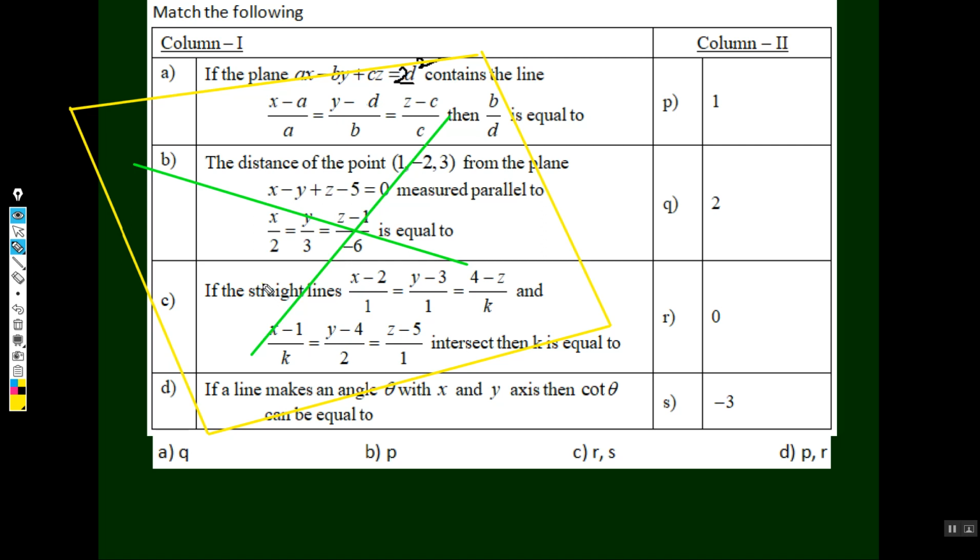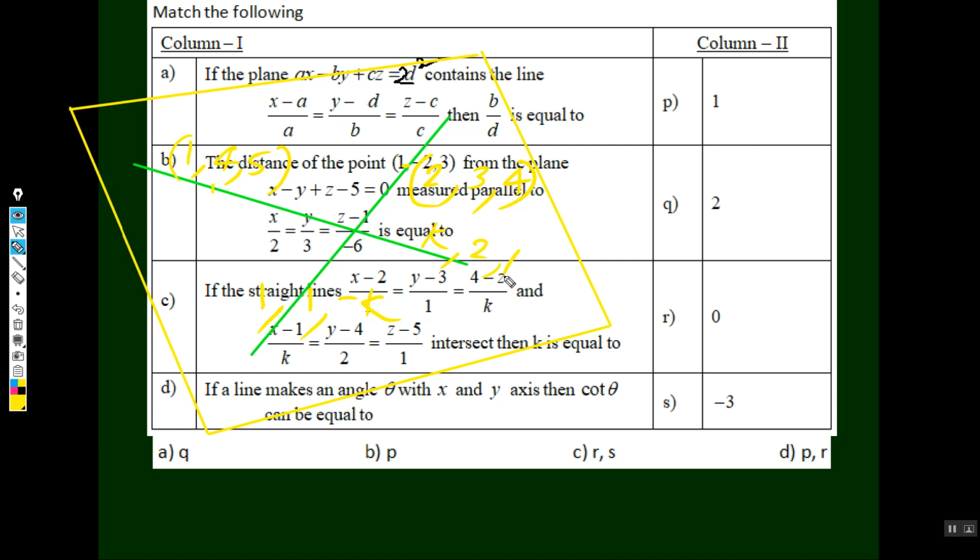So the DRs of the first line are 1, 1, minus k, and it is passing through the point 2, 3, 4. Generally, a point is denoted within brackets, but DRs you should not write with brackets. Generally the DRs are written with commas in between, and if you put the brackets, that becomes a point. So the second line, if you see properly, is passing through the point 1, 4, 5, and the DRs of that line are k, 2, 1.